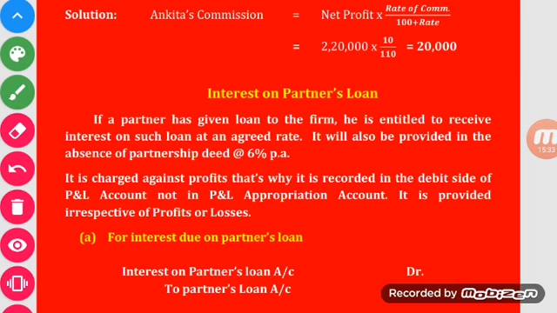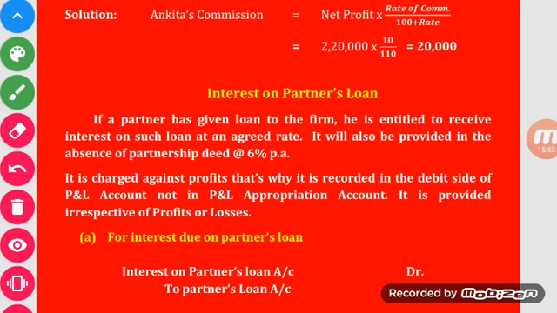It will also be provided in the absence of a partnership deed at the rate of 6% per annum. I told you this rule. If any partner gives a loan to the firm in the absence of a partnership deed, 6% per annum interest on the loan will be provided to the particular partner.